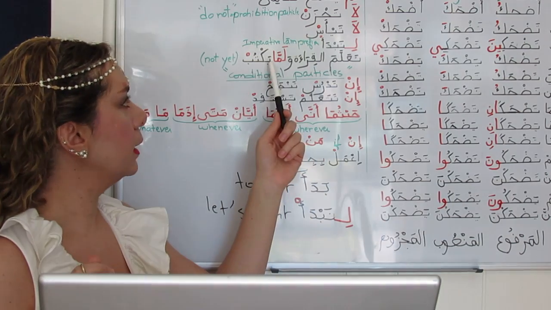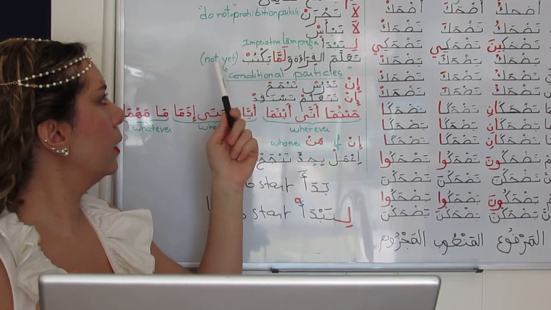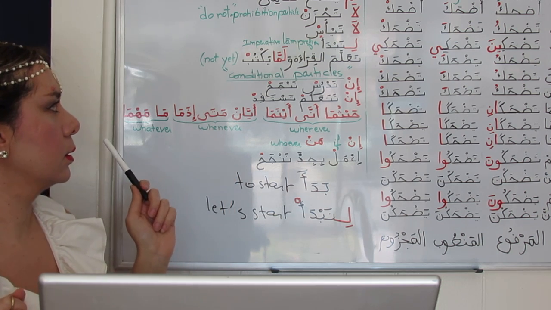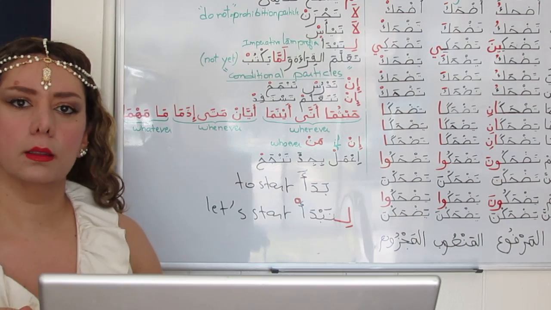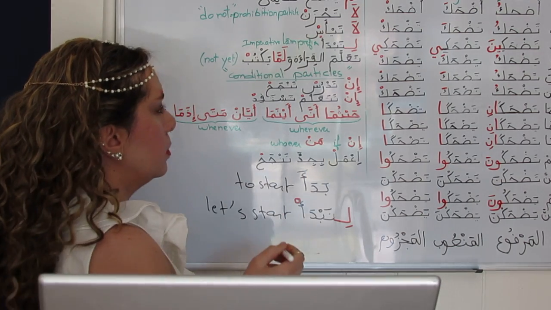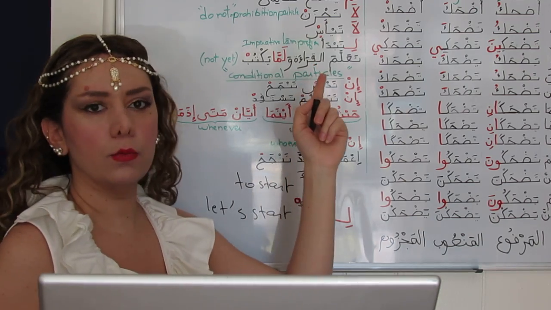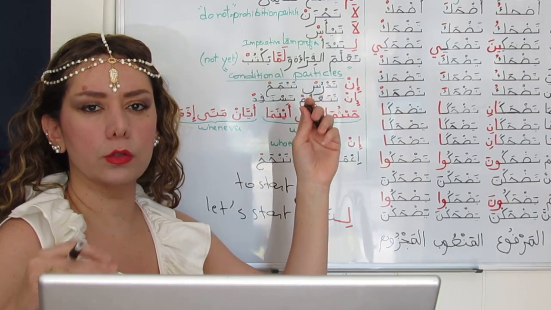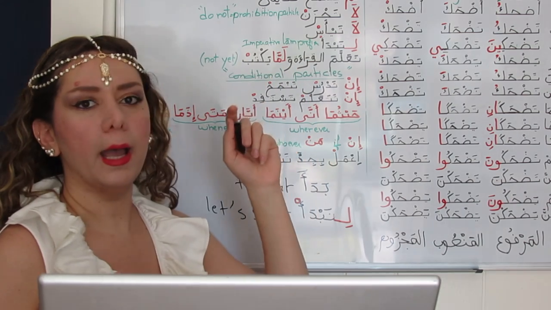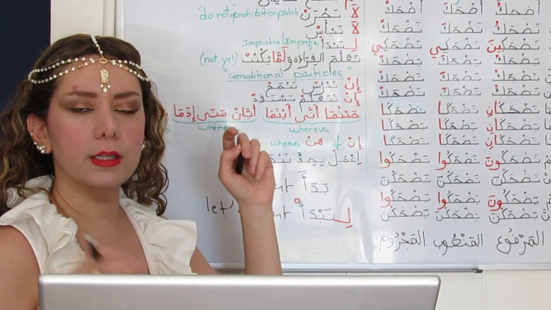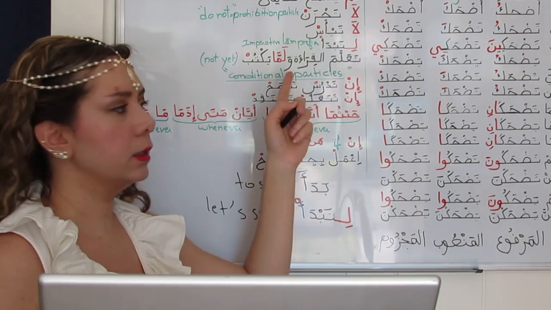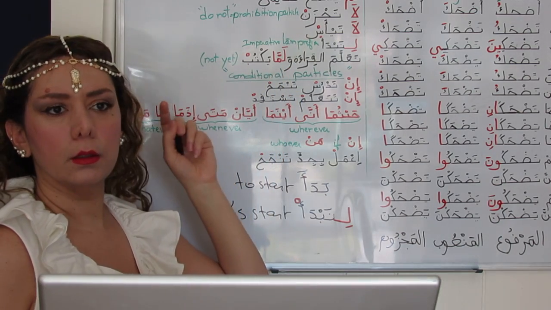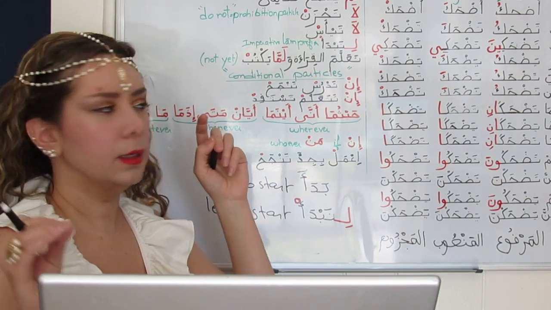And we have another particle, لما. لما means not yet. For example, تعلم القراءة. تعلم, it means he learned how to read or he learned reading, and has not written yet.